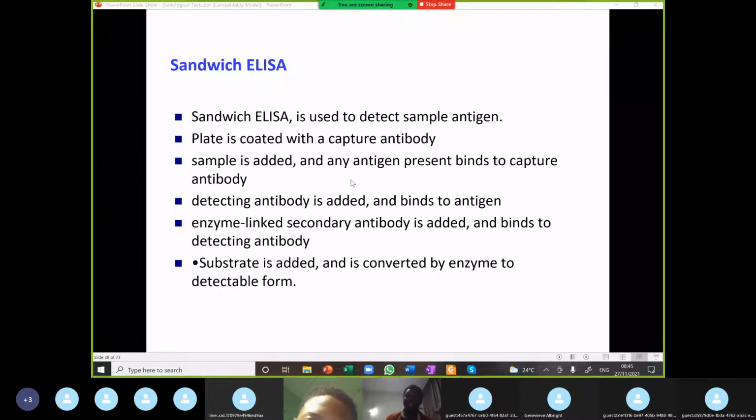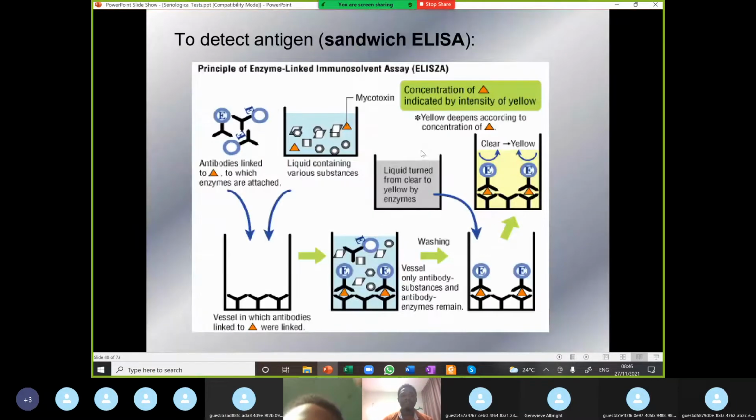If there is a specific HIV antigen in this patient's serum, that antigen is going to bind to the antibody.